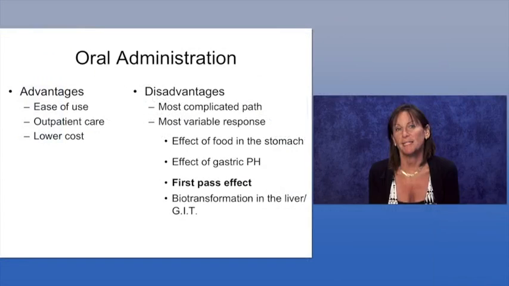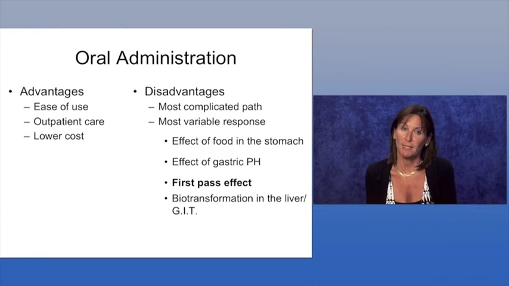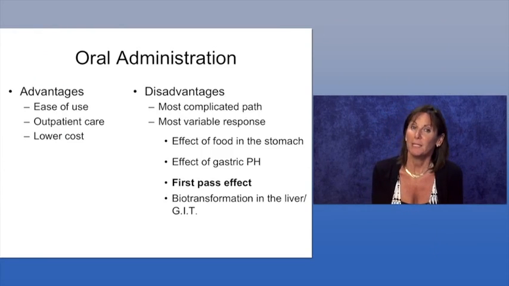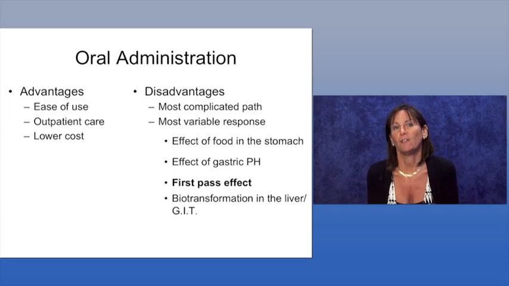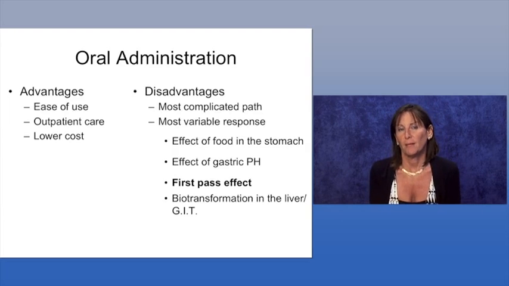So it facilitates outpatient care, which is obviously much cheaper than any type of supervised care. And as a result, it has a lower cost margin. It's, generally speaking, cheaper to make pills than it is suppositories, sublingual preparations, or IV preparations.